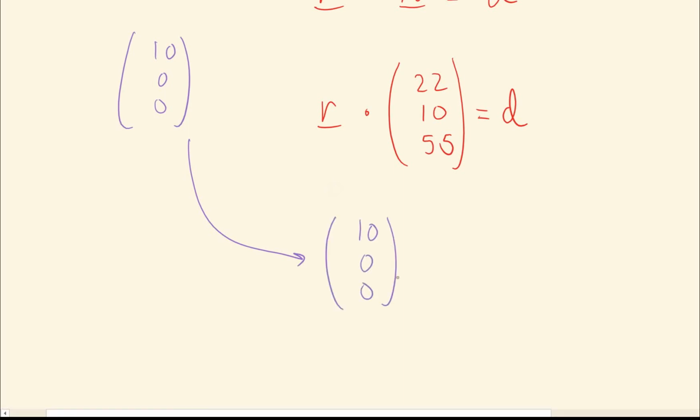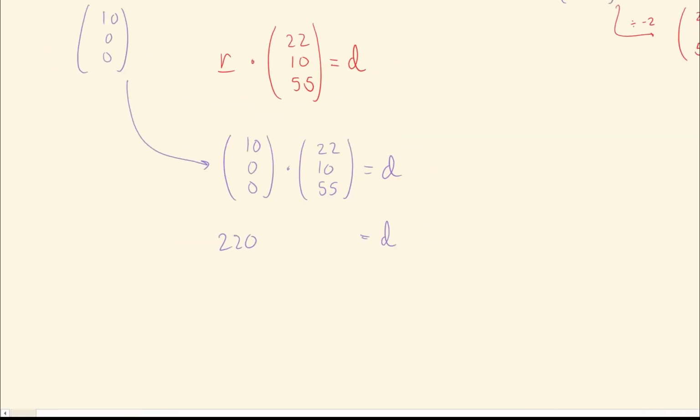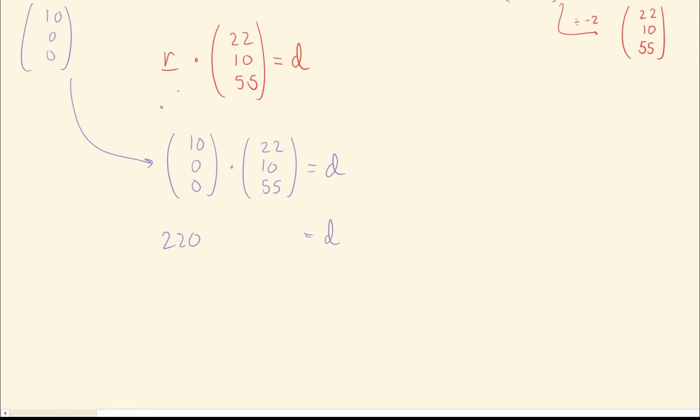So 10, 0, 0 dot 22, 10, 55 will equal d. Working out this dot product, we have 220 plus nothing equals d, which therefore means that d is going to be 220. We've now worked out d and we can say we are finished.